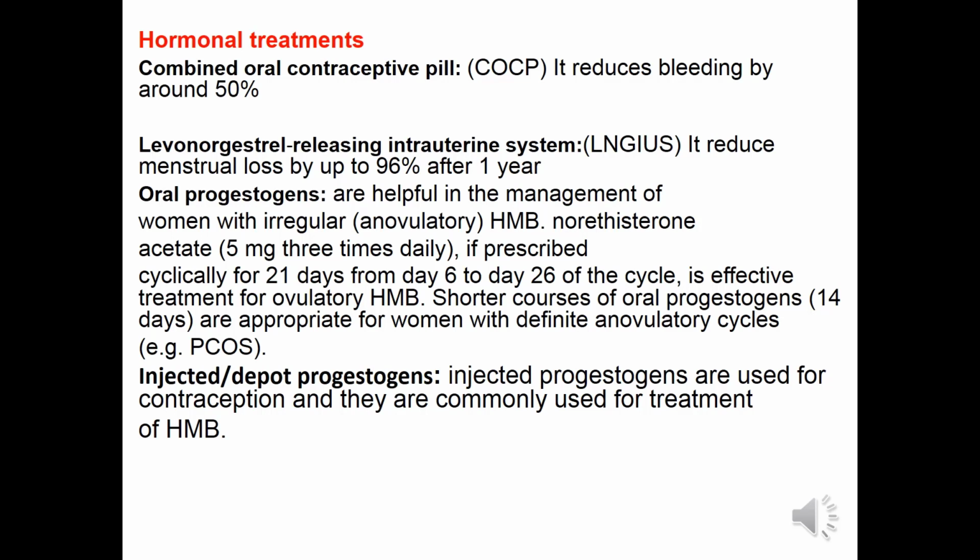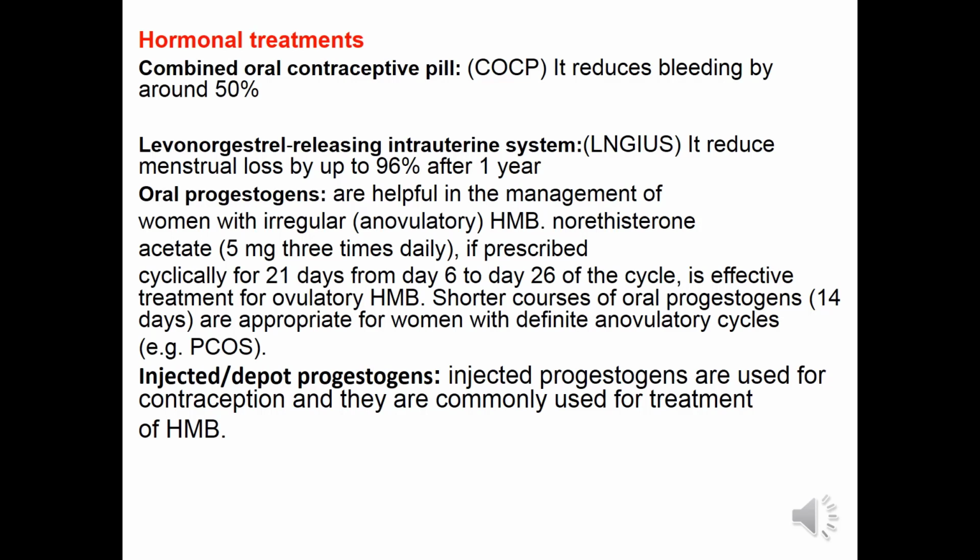Norethisterone acetate 5 mg 3 times daily, if prescribed cyclically for 21 days, from day 6 to day 26 of the cycle, is effective treatment for ovulatory heavy menstrual bleeding. Shorter courses of oral progesterone for 14 days are appropriate for women with definitive anovulatory cycles such as PCOS.